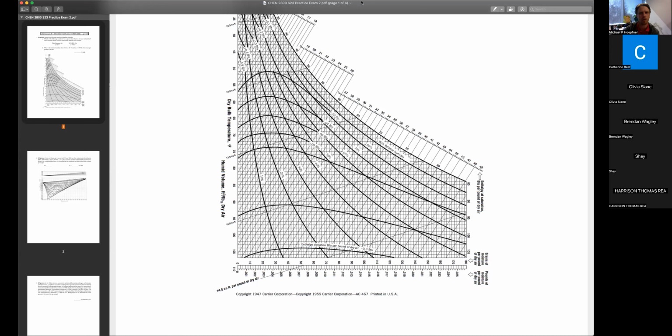So if we look at our psychrometric chart, 90 degrees Fahrenheit and then 90% relative humidity, it kind of runs out a little bit on this chart. So if you can imagine this going up here a little bit, that would put us somewhere in this mark over here.